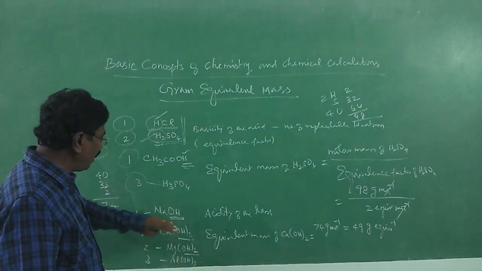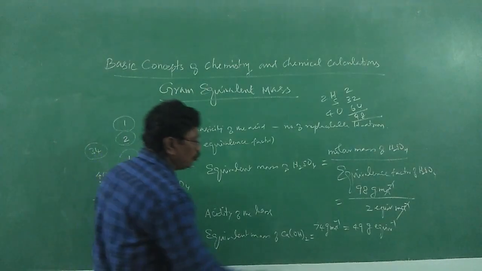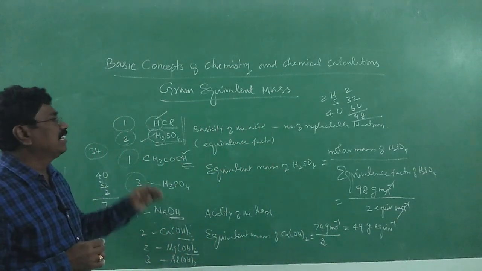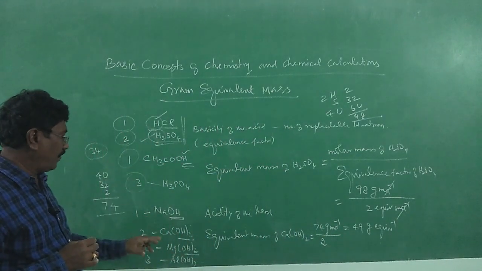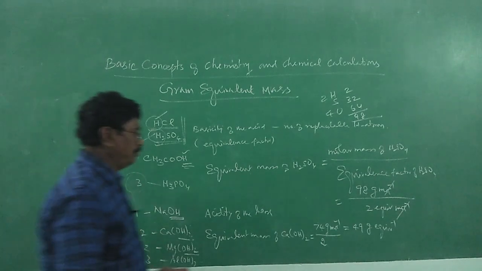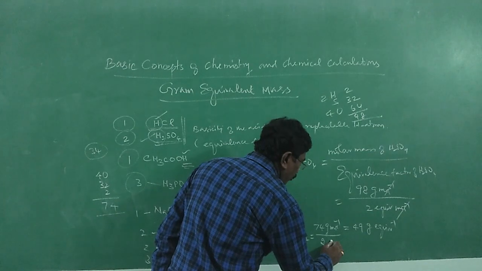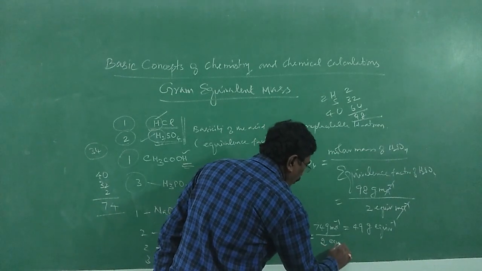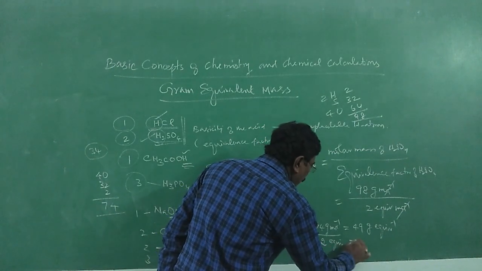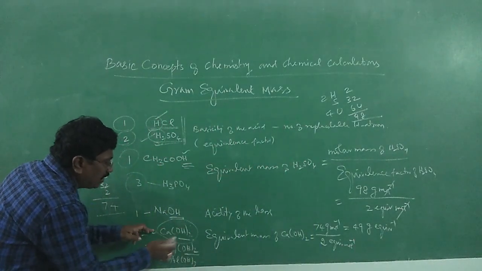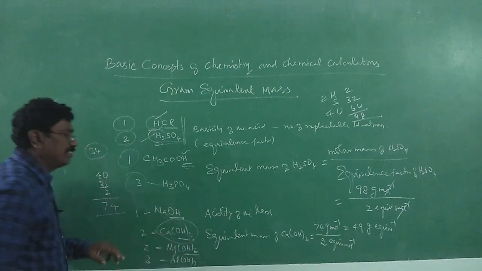What is the acidity of this base? It is equal to 2. That means the equivalence factor of calcium hydroxide is 2. What is the unit I have to say? Equivalent per mole. 2 equivalent per mole. 1 mole of calcium hydroxide has got 2 equivalents.